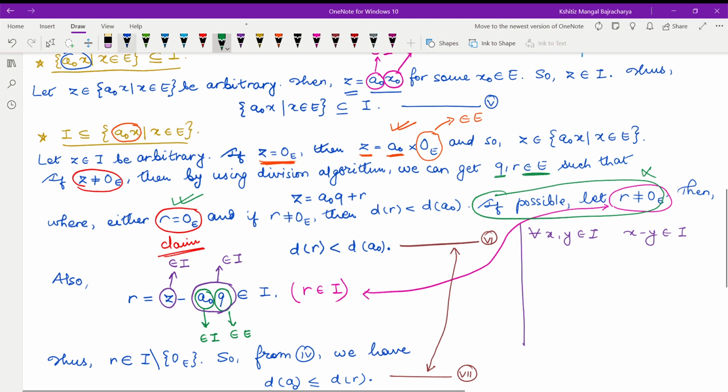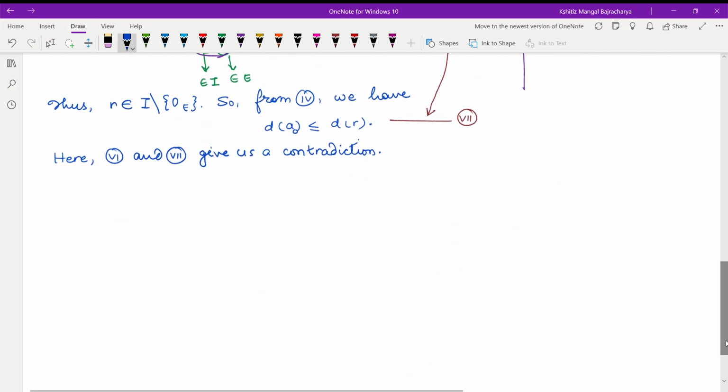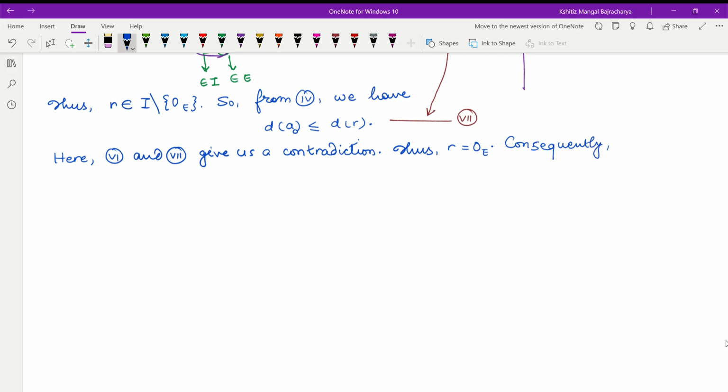Thus we have claimed the right thing. Consequently, z will be equal to a0 q plus r, which is a0 q plus 0_E, which is equal to a0 q.